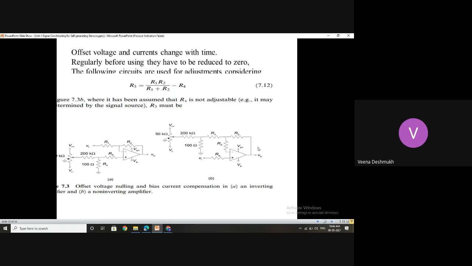Even if it is in microvolts or nanovolts, around 1 volt of voltage will be appearing here because of the high difference gain. This can be reduced by properly dividing the potentials here through these resistive networks.